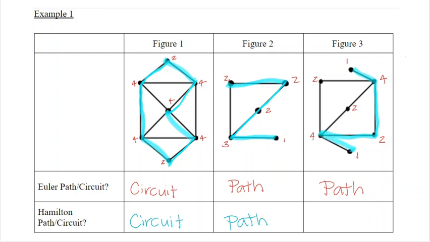Here, I get stuck. Here, I can't continue because I can't go back to that vertex with degree 4. Same thing here. You can keep trying, but this one does not have a Hamilton path or circuit. So figure 3 has an Euler path, but neither a Hamilton path nor circuit.